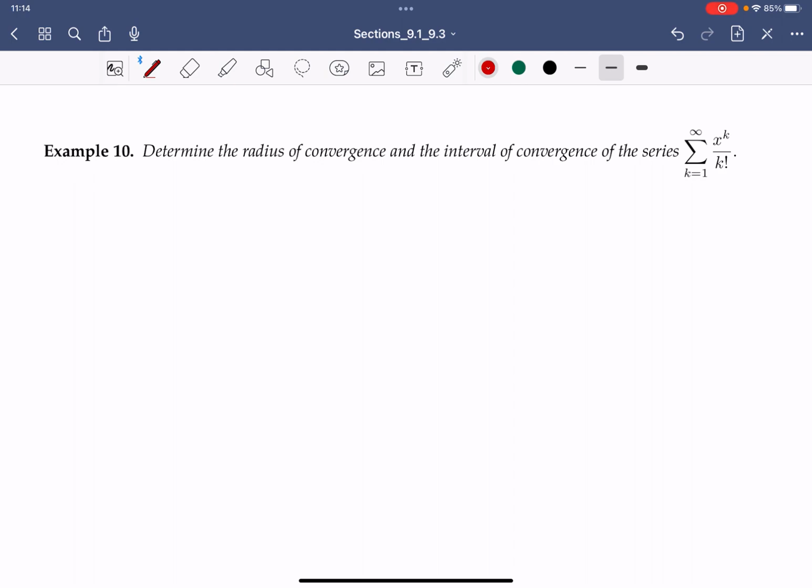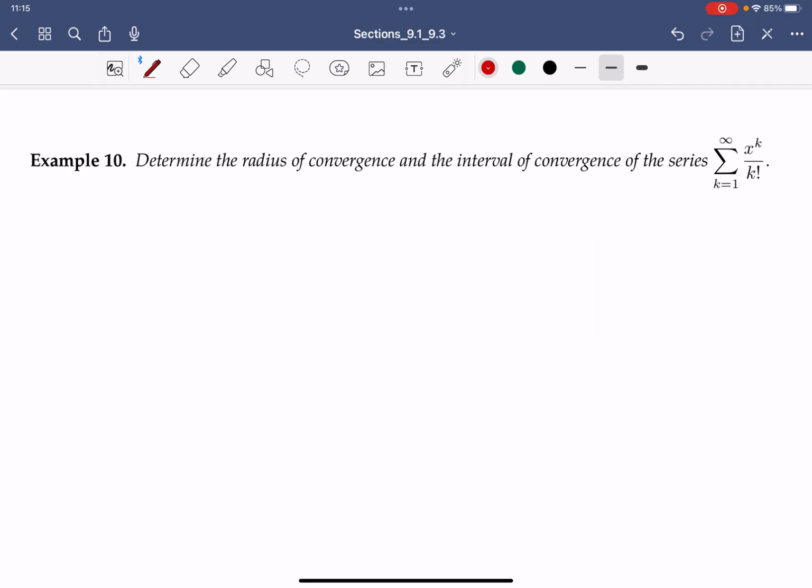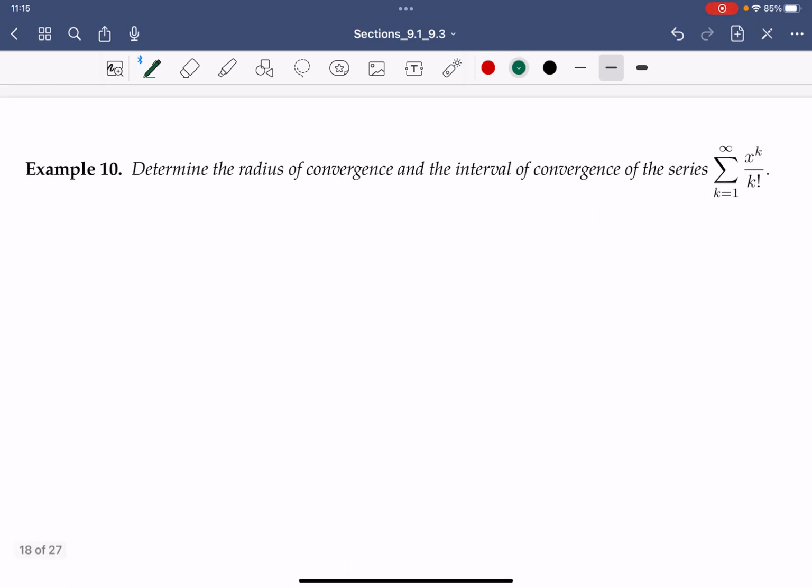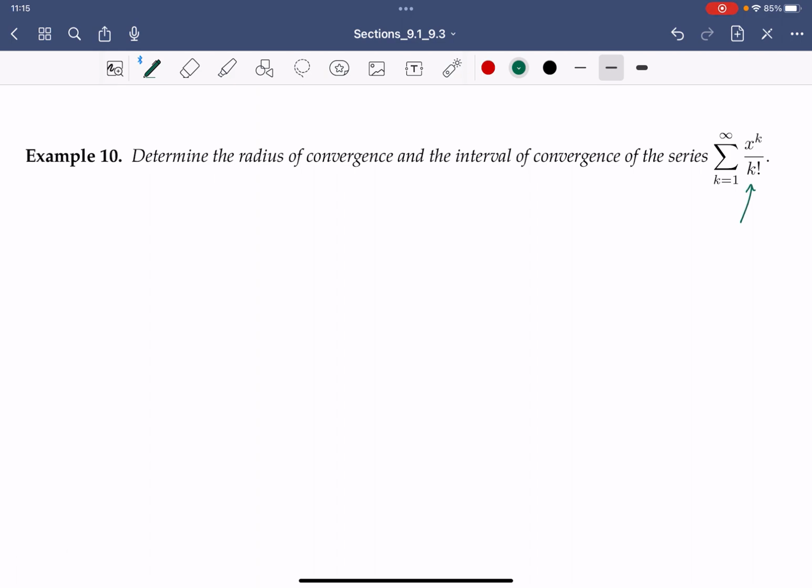I want you to find the radius of convergence and the interval of convergence for the series x to the k over k factorial. Okay, so let's do it. You let this thing be a subscript k, and then you apply the ratio test.